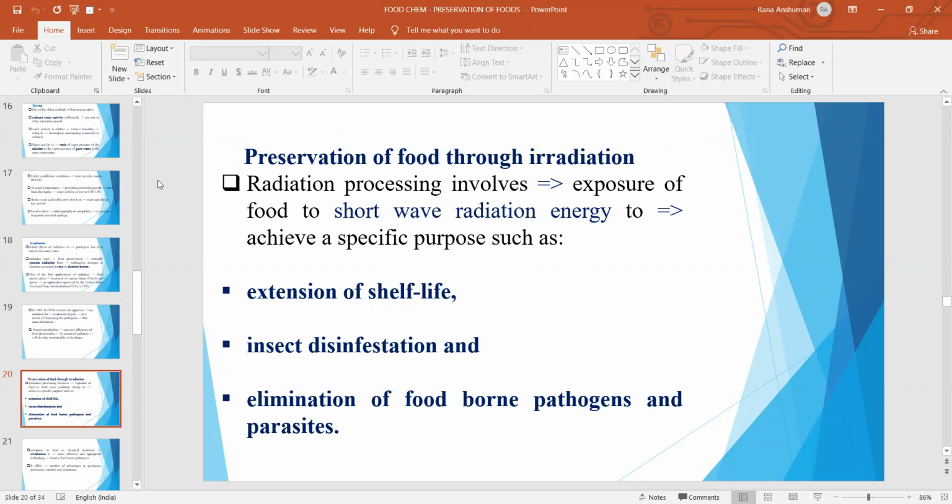Preservation of food through irradiation. Radiation processing involves exposure of food to short-wave radiation energy to achieve a specific purpose, such as extension of shelf life, insect disinfestation, and elimination of foodborne pathogens and parasites.